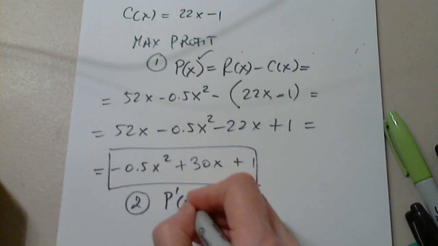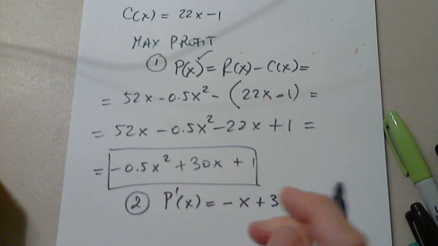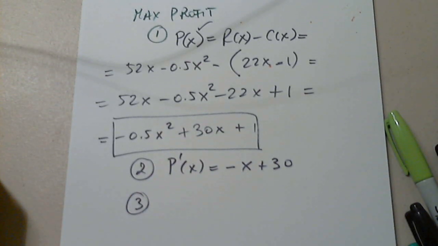So I have to find P prime of x, which is negative x plus 30. Then I have to find, in step 3, anyone please? In step 3, say it again.